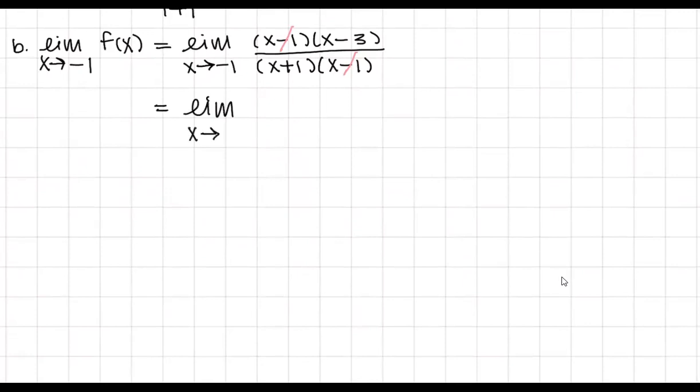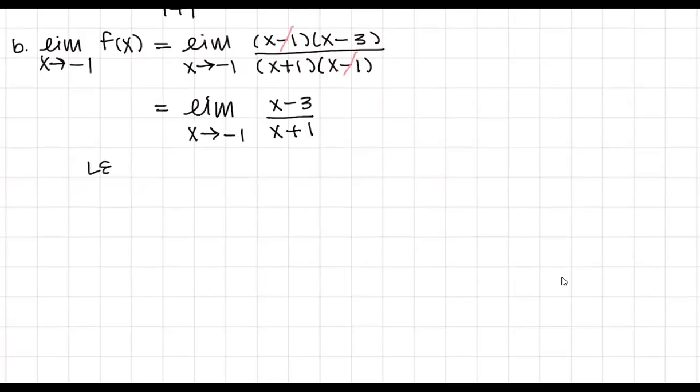The limit as x approaches -1 is equal to the limit of the function x minus 3 over x plus 1. And we're interested in what's happening when we just plug in -1. Well, we're going to have to plug it in once from the right and once from the left, because -1 plus 1 equals 0. So we've got a divide by 0 error, and we can't factor anymore.